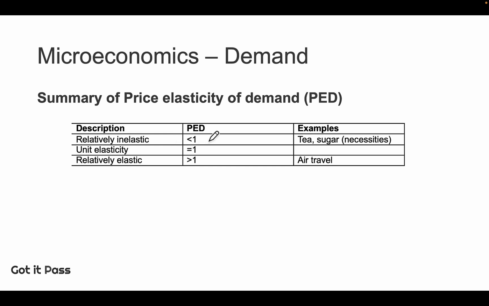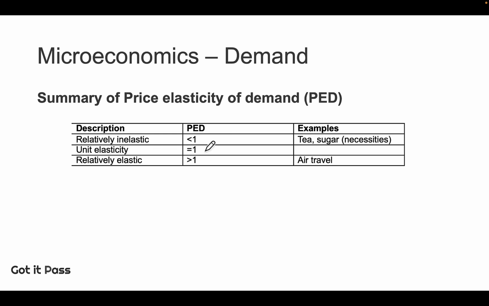Examples of inelastic demand are goods like tea and sugar, which we describe as necessities. So when the products, goods or services are necessities for many people or the whole population, like tea, sugar, salt, or butter, for example, their demand is quite inelastic, because the PED is generally lower than 1.